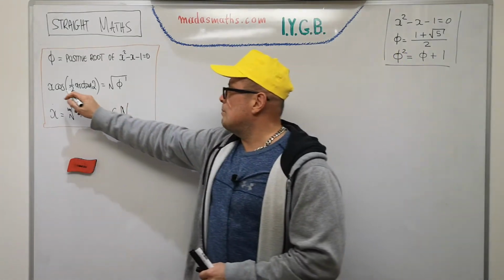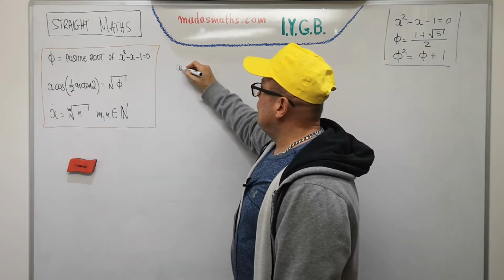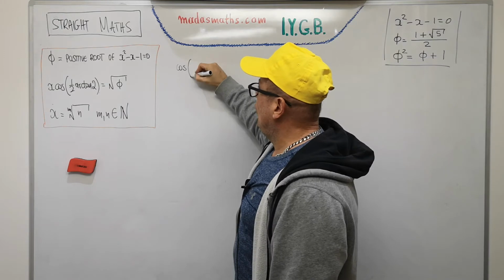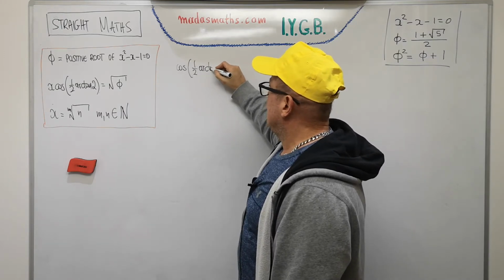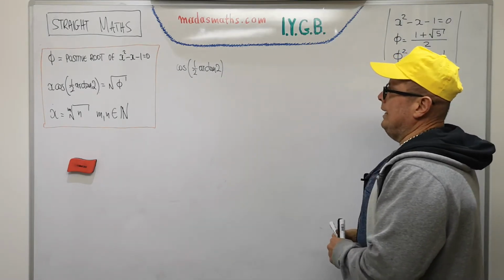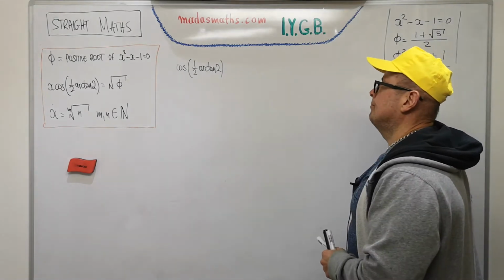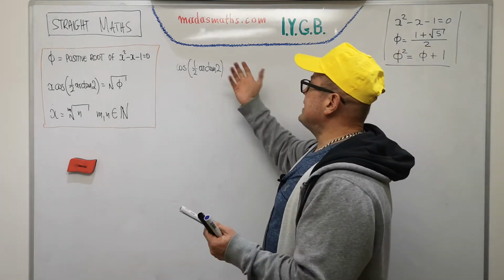So let's work out an expression for this coefficient. Can that simplify? So I need to work out what is the cos of a half arctan of 2. You can think of inverse trig functions as angles.